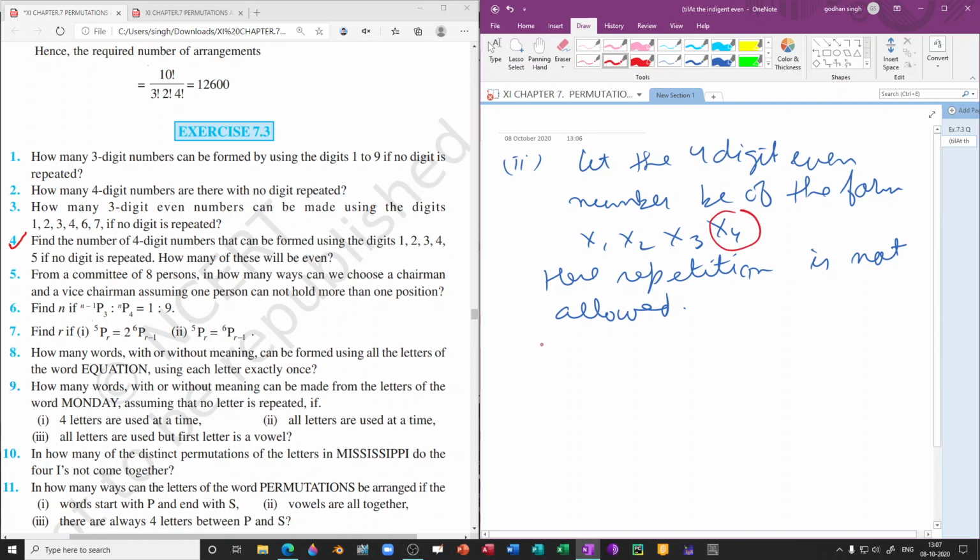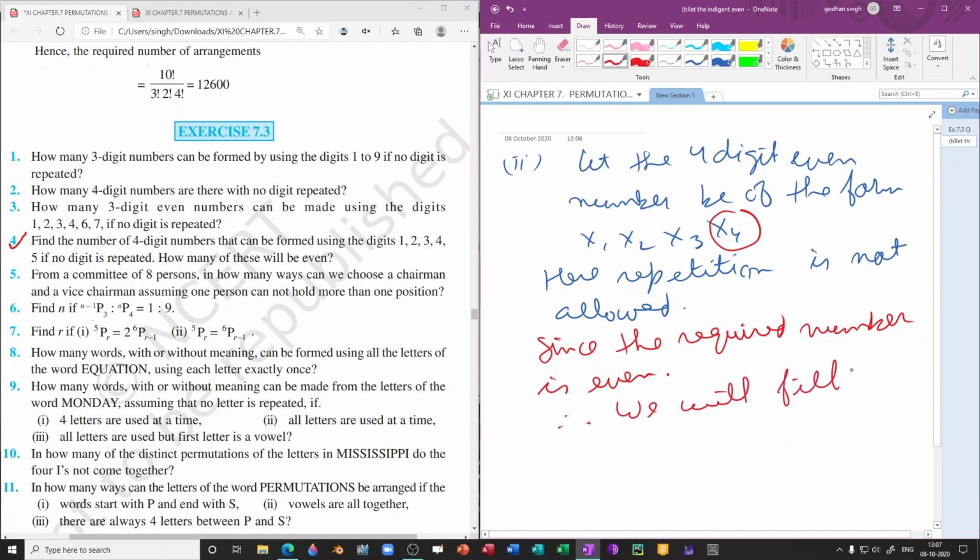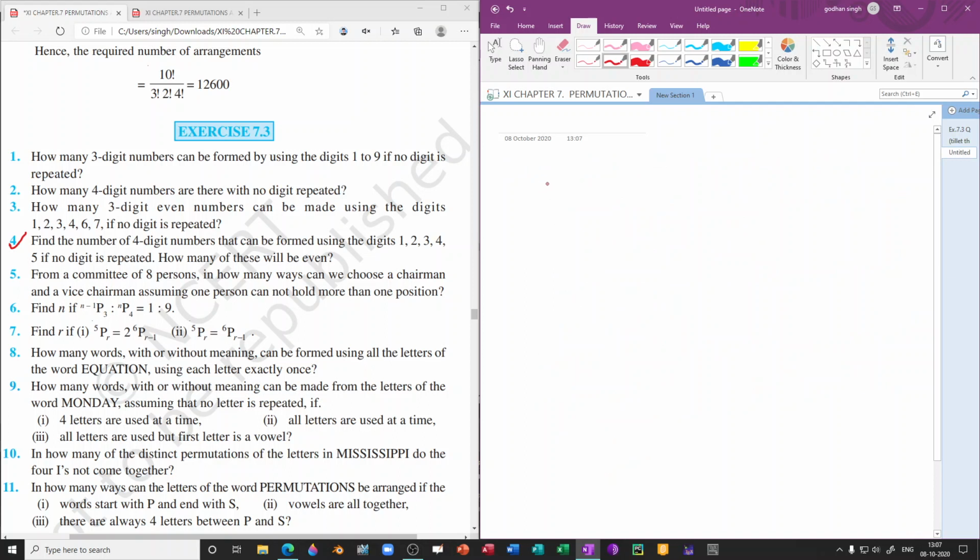Since the required number is even, we will fill x4 first. In how many ways can we fill up x4?